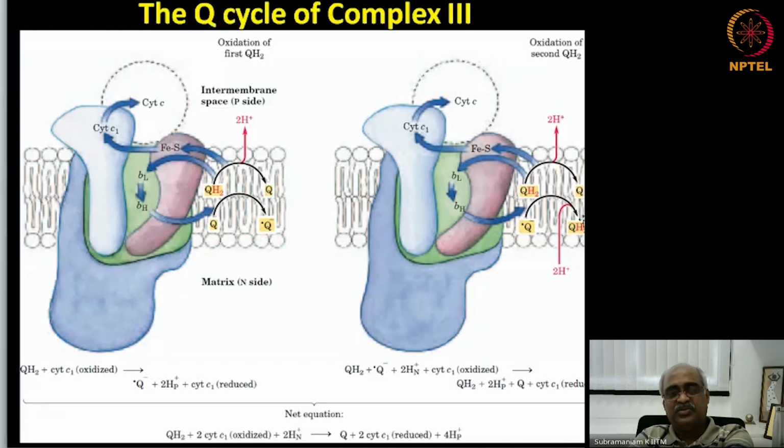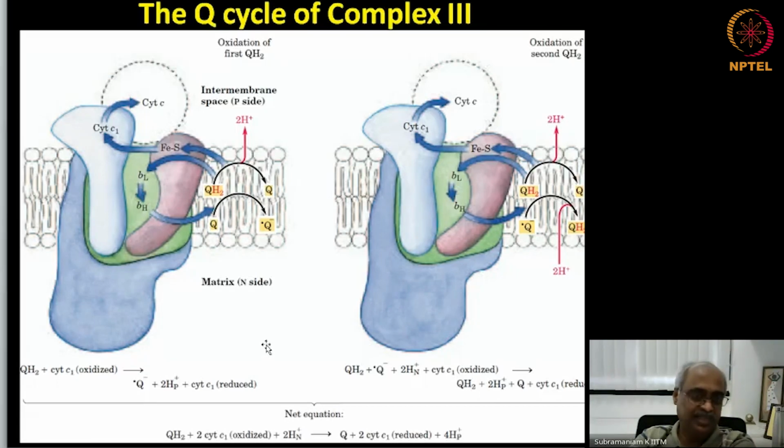Now this is reduced to QH2. So the end result is actually 1 QH2 becoming Q. But actually we have taken 2 QH2, but we returned one of it back. So 4 protons taken from the matrix, 2 get used and only 2 are pumped out. And this is what is the Q cycle.